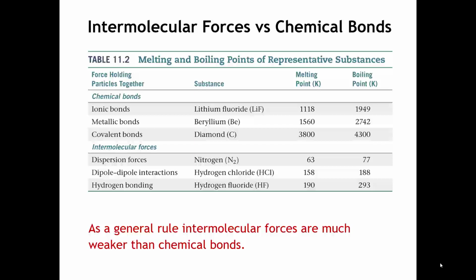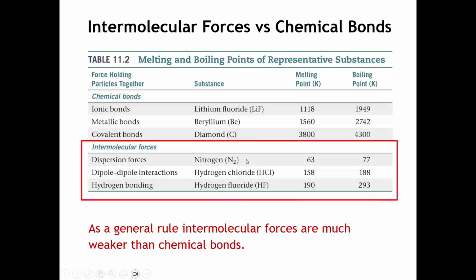It's important to differentiate intermolecular forces from true chemical bonds. So when we talk about molecular substances, as we see at the bottom of this table, nitrogen, hydrogen chloride, hydrogen fluoride, we have covalent bonds within these molecules. They're all diatomic molecules.